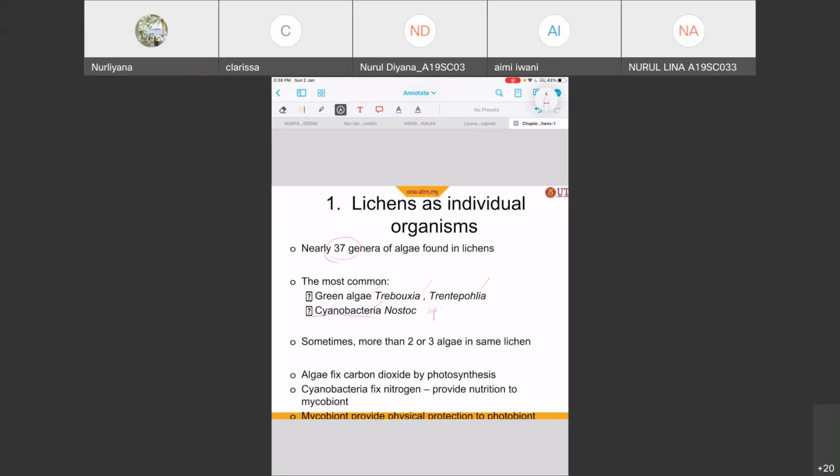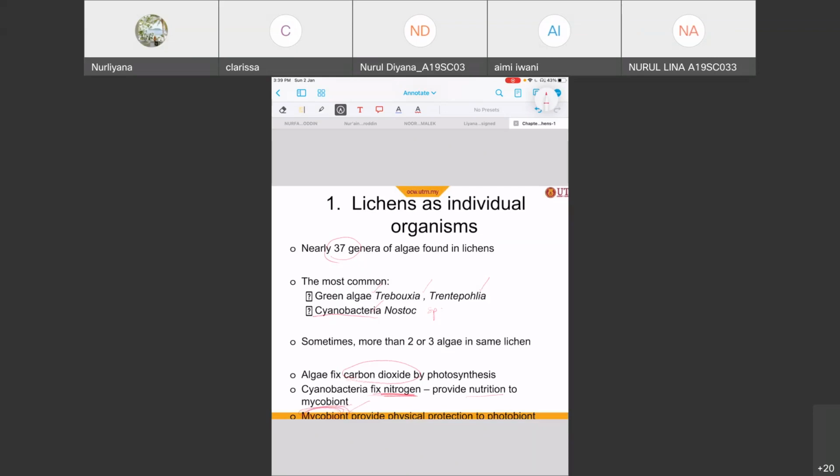And for cyanobacteria, they don't consume the carbon dioxide for photosynthesis. So they use the nitrogen to provide nutrition to the mycobiont. And what is the function of the fungi? They provide physical protection.